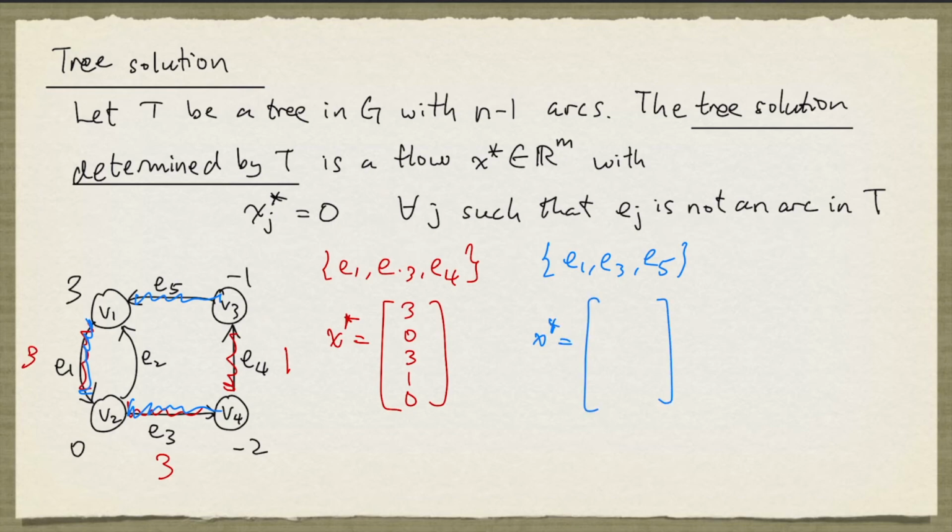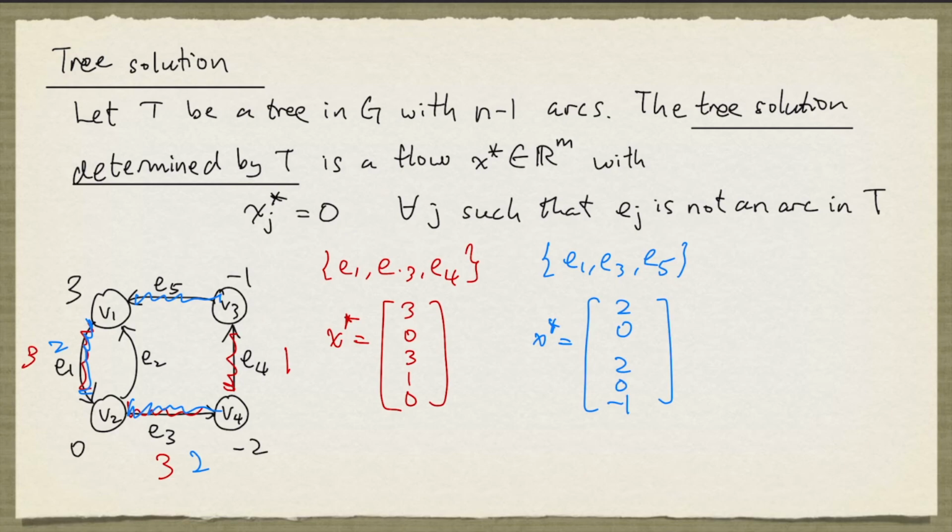If we look at the node V4, we get that the flow value on the arc E3 must be 2. And so the flow value on the arc E1 must also be 2. The flow values on E2 and E4 are 0 because they are not in the tree. But now E5 has to have flow value -1.